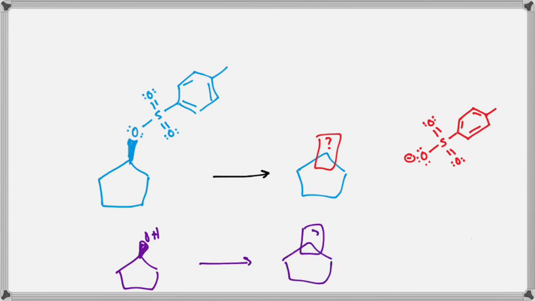Okay, so elaborate. OH wasn't a good leaving group because why? Because it ended up negative. It didn't stabilize the charge very well. Okay, why not? Charge, size, oxygen. There's no difference.